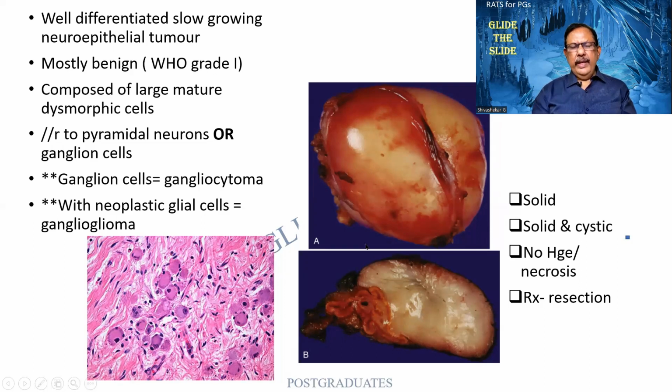So much so, it has been mentioned it is a cakewalk for the surgeon to enucleate it. Surgery is a mode of treatment. It is usually solid, but can be solid and cystic. There are no areas of hemorrhage and necrosis. Look at this one. One of the diagnostic features for any neurogenic tumor, take a schwannoma and all, you find that it will be glossy and glistening.